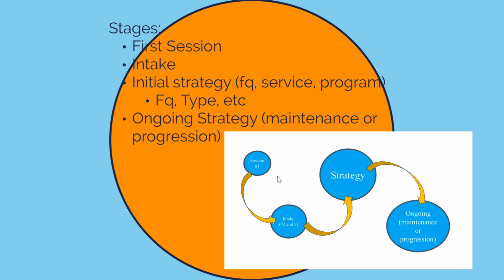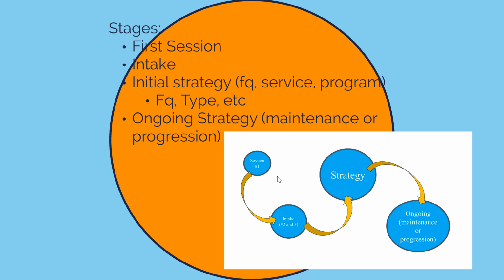And then we're going to move into a strategy. The strategy entails a service, which we just talked about. What techniques are we going to use? What techniques are going to be most beneficial to your physiology? The frequency of sessions. How often should you be coming in? And then the program that is applied towards those sessions, which we'll talk about in a later video.